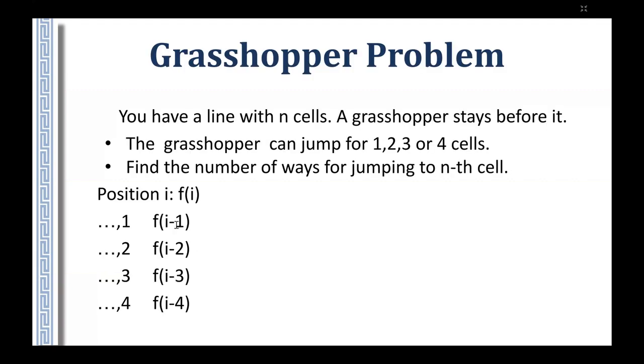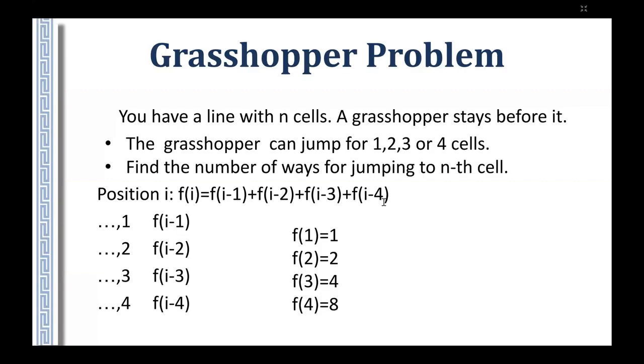So the numbers of ways in these groups are exactly these numbers. And in total the answer is just the sum of the sizes of these four groups, that is the sum of the four previous numbers. So you can see that it's very similar to Fibonacci numbers, but with four previous numbers.